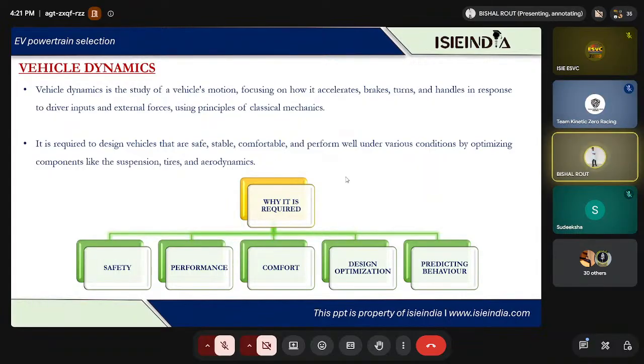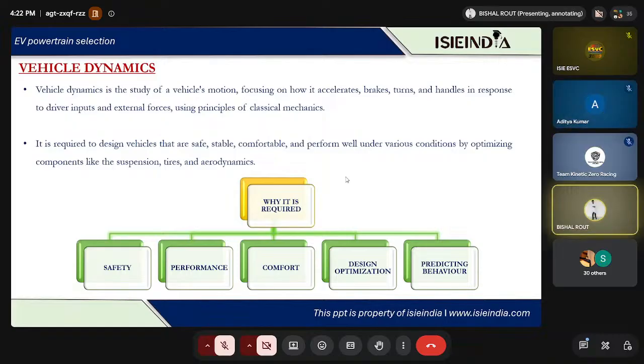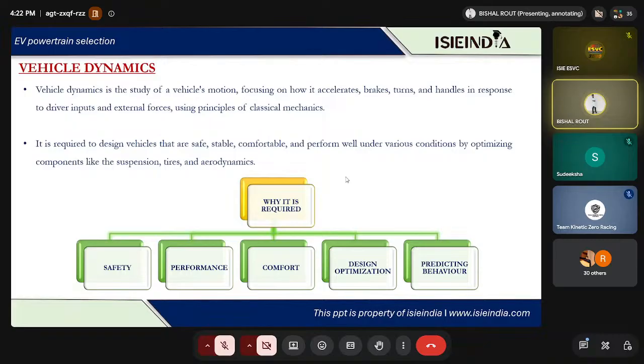So vehicle dynamics helps engineers understand whether the tires will maintain sufficient grip, and whether the vehicle will remain controllable during emergency situations. For example, imagine an EV traveling at 100 km per hour when suddenly a pedestrian appears on the road. The driver applies maximum braking, so the vehicle experiences a large longitudinal deceleration.